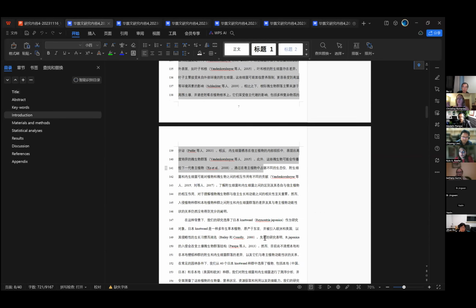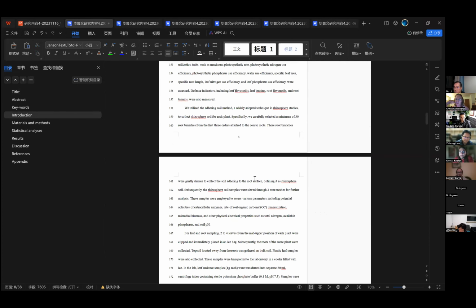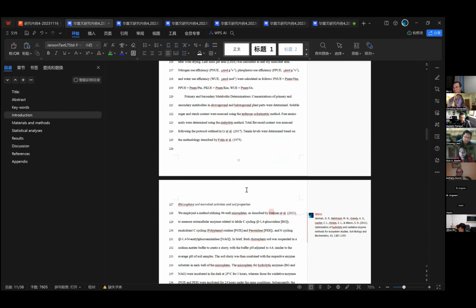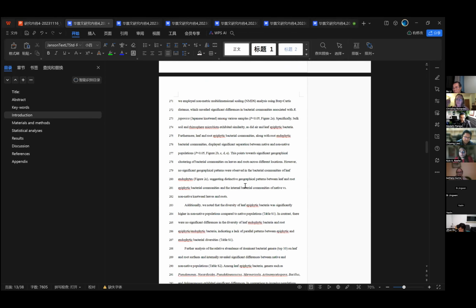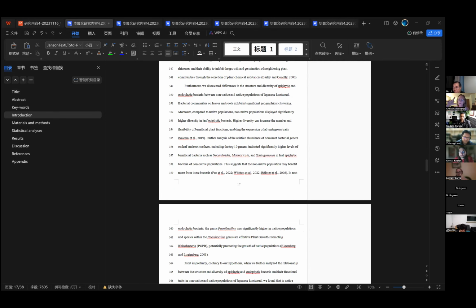So, Bo, when you're talking about the populations in China, are you thinking about the northern populations in China being different from the southern? Because we've talked about the native moving north or being transplanted, and maybe there's a difference between those. Yes, we only choose the native ones.